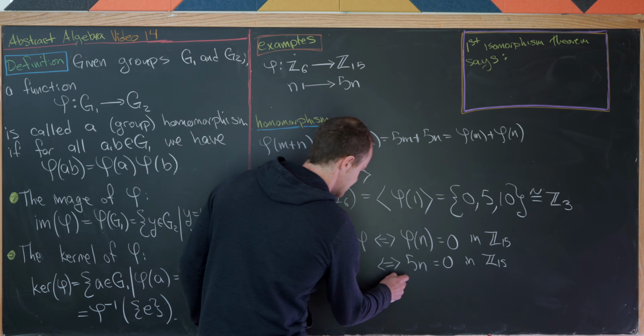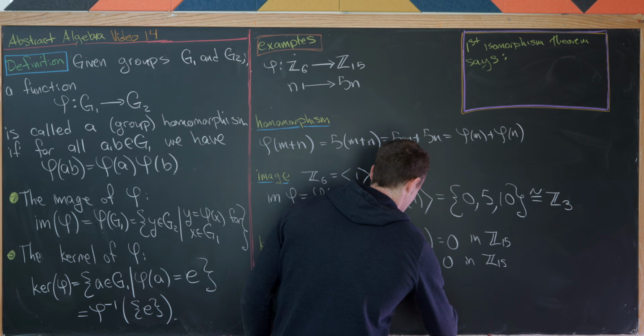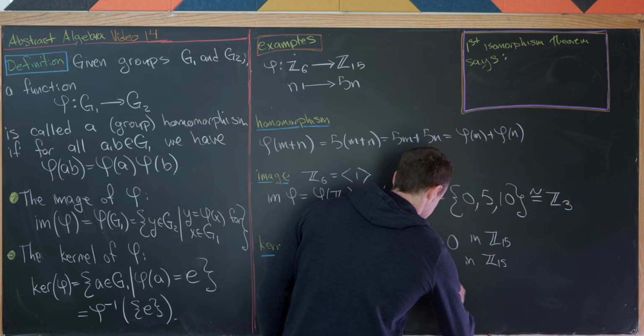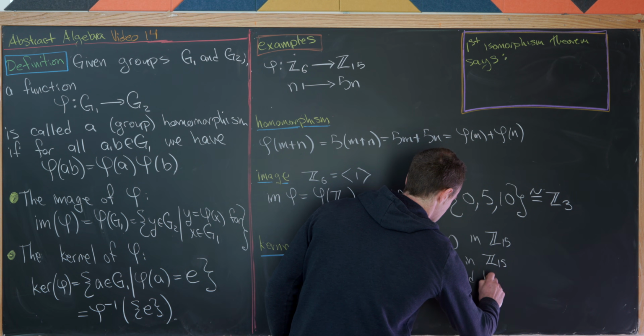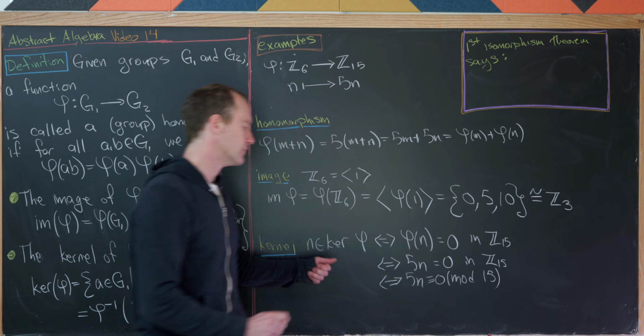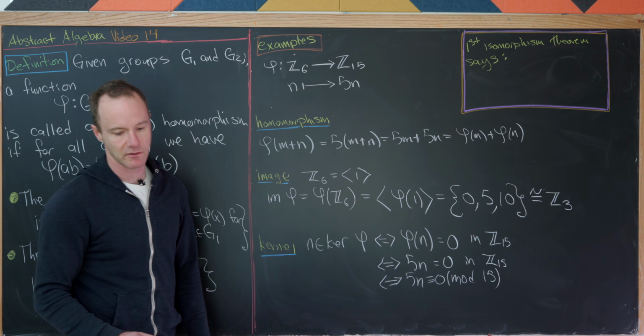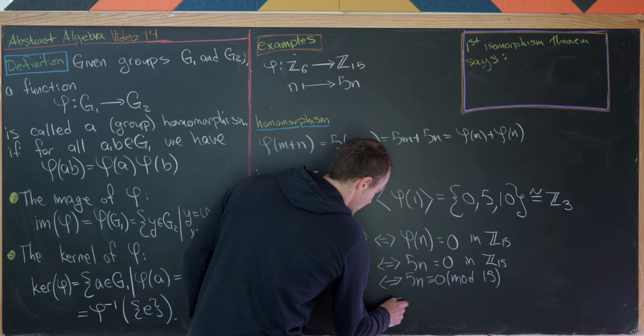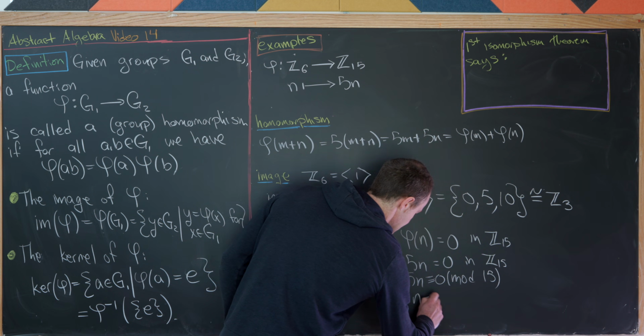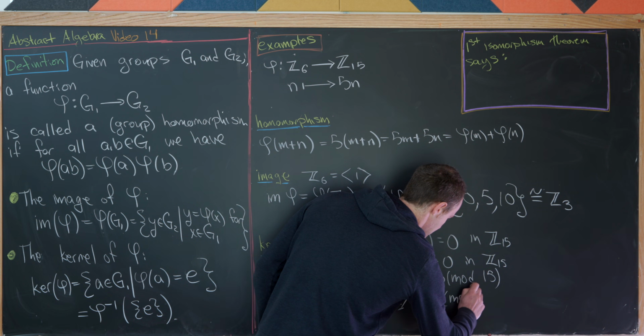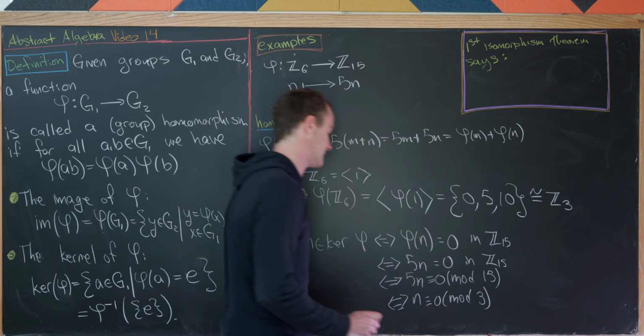That's the same thing as saying that 5n is congruent to 0 modulo 15. But 5n is congruent to 0 mod 15 if and only if n is congruent to 0 modulo 3.